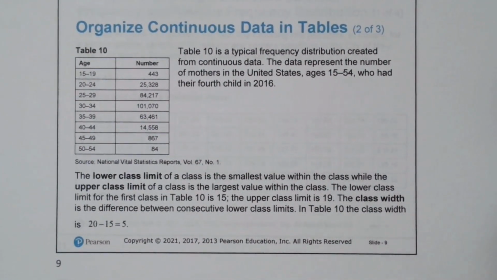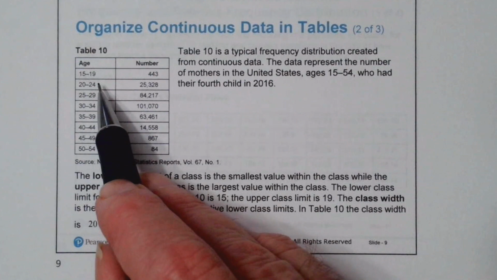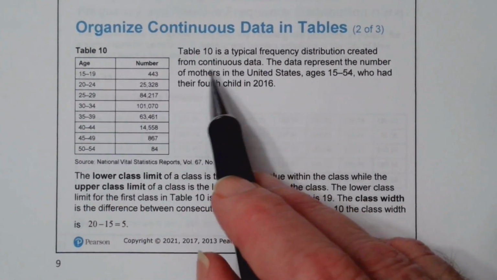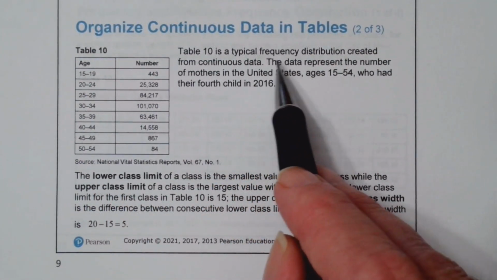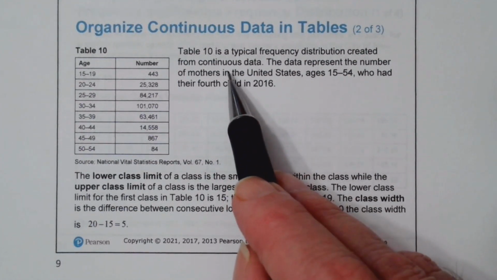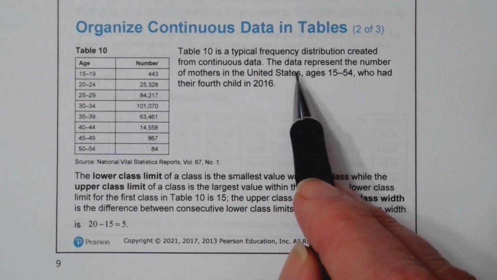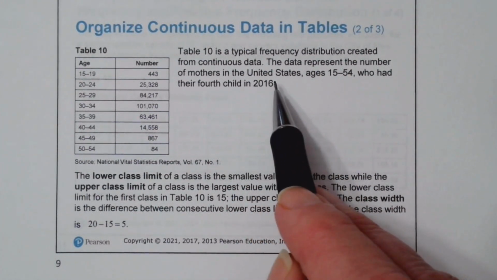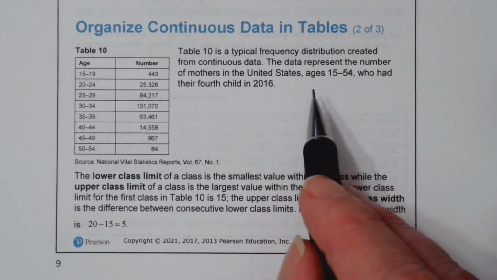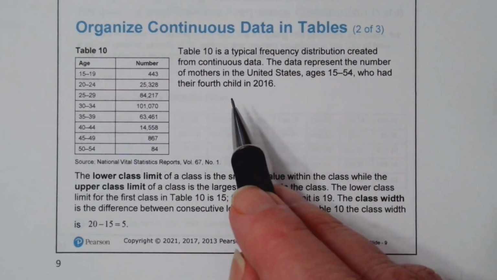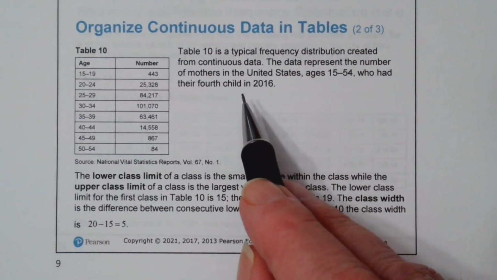So here's another example. You can see we have age ranges here. Table 10 is a typical frequency distribution created from continuous data. The data represent the number of mothers in the United States aged 15 to 54 who had their 4th child in 2016.